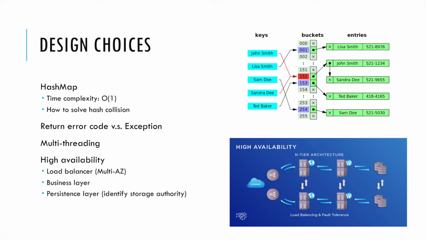But sometimes two keys may map to the same bucket, so there is a hash collision. For the worst case of hash collision, the complexity would be O(n), because in a bucket, all the entries use a linked list to store the data.